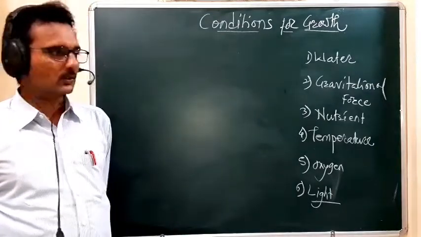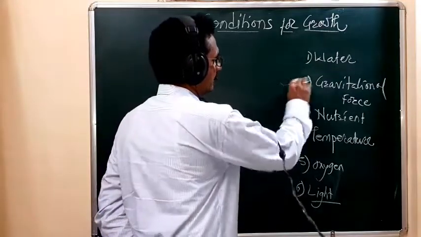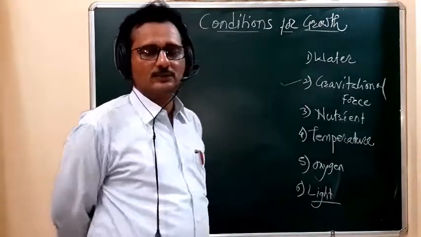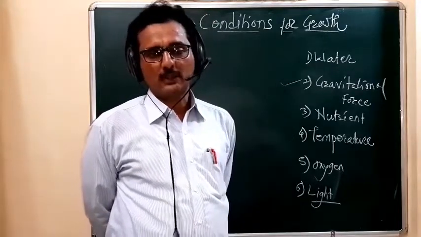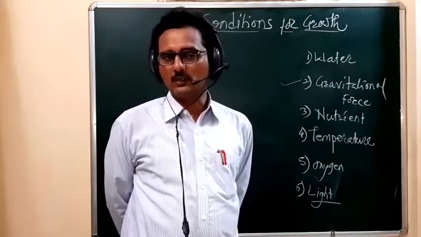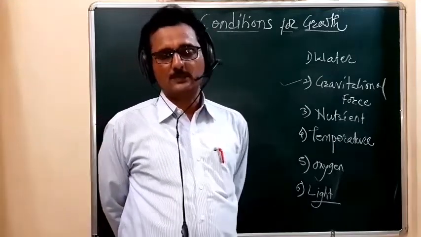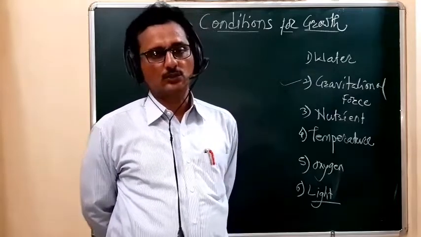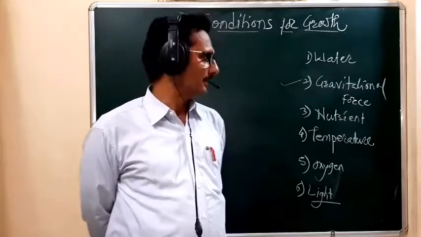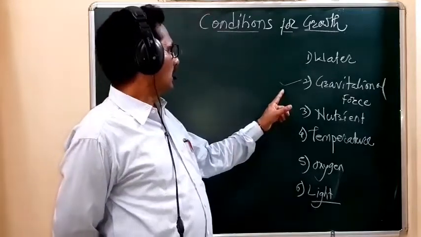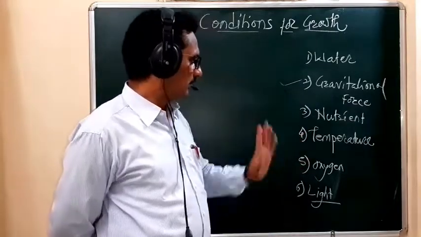The root grows downward, away from the light, and the growth of the shoot takes place against the gravitational force, towards the light. So gravity plays a most important role as far as the growth of the plant body is concerned. Then the next one, the nutrients.